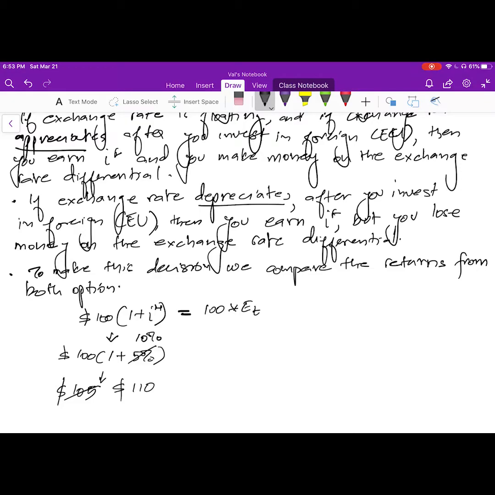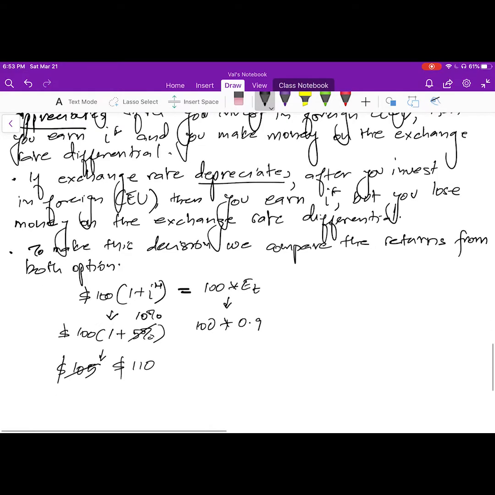Let's say the exchange rate is 0.9. So you essentially get 90 euros back when you exchange it for $100.